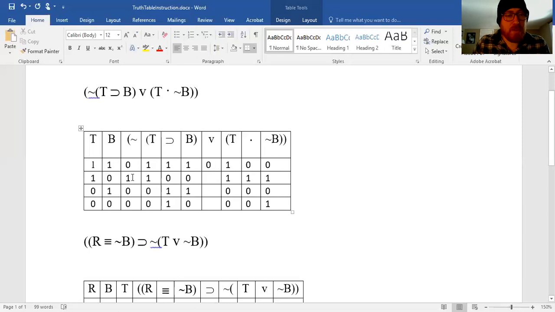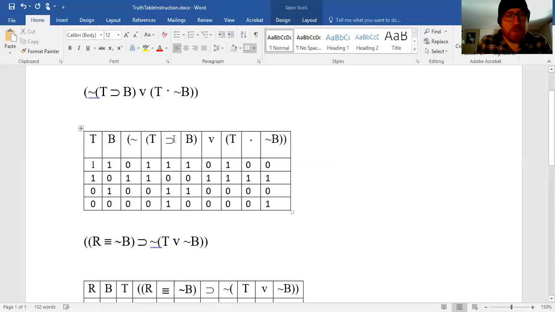Okay, or here we have true or true. Okay, so that will be true. False or false. Okay, and then false or false. Okay, so what does that tell us? That tells us there's only one condition where this is going to be a true statement, right?